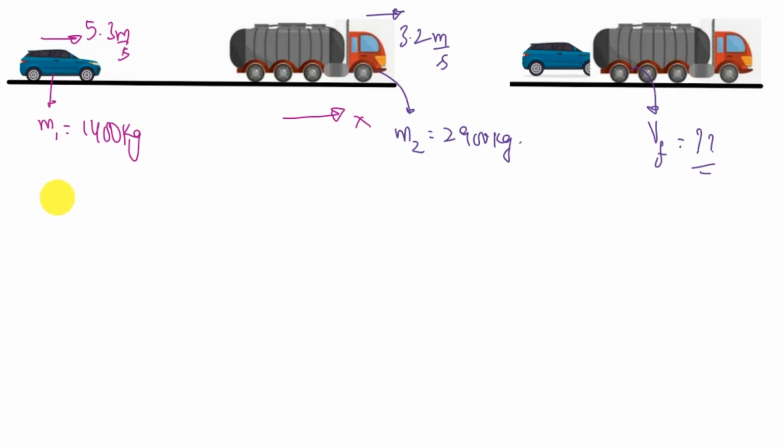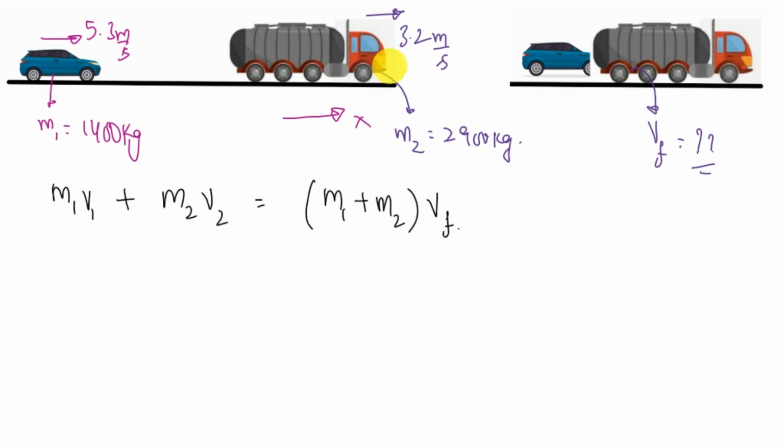So what I can write is that m1 v1, this is the initial momentum for the car, plus m2 v2, the initial momentum for the truck. It should be equal to the final momentum of the system, where we have to consider the two masses, m1 plus m2 multiplied with the final velocity vf. Correct?